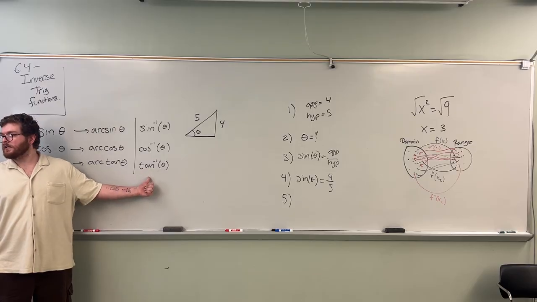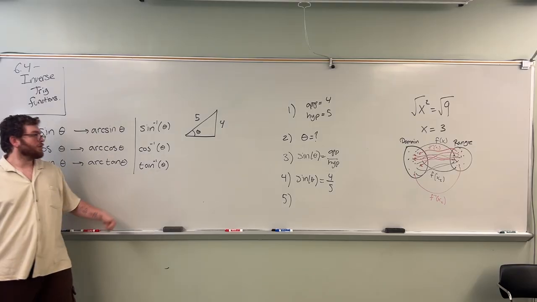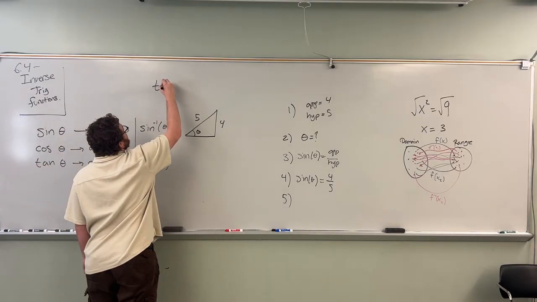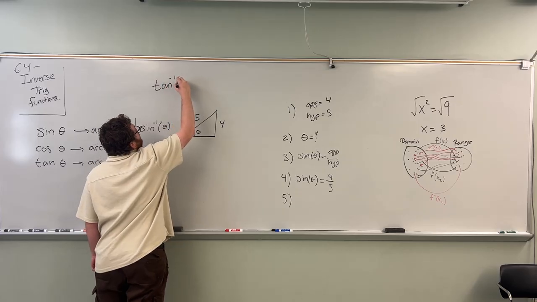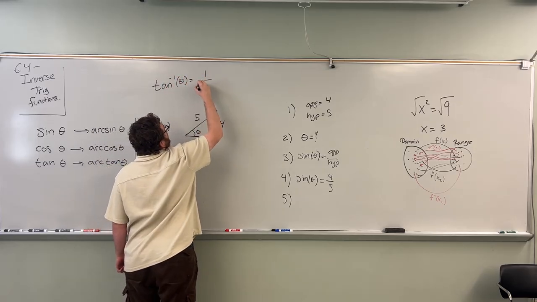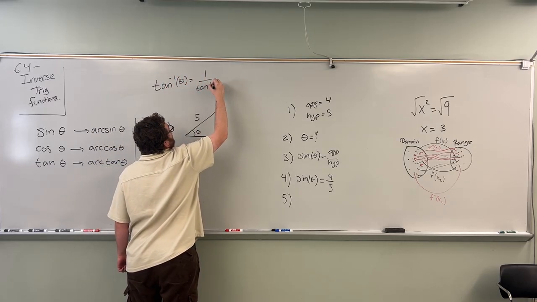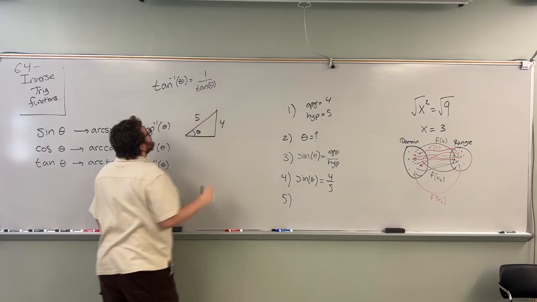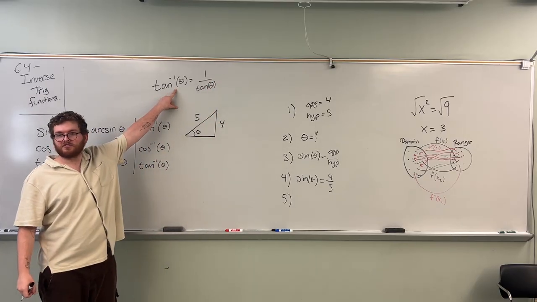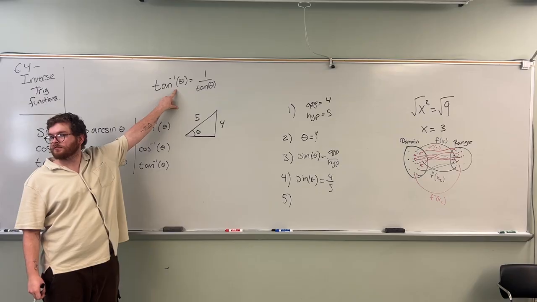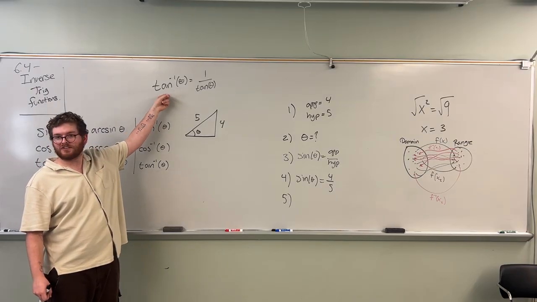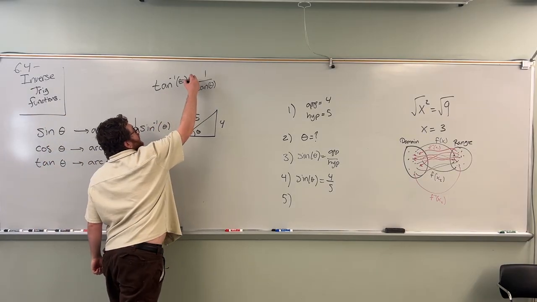This does not mean take the reciprocal, right? It is not true that tan negative 1 of theta equals 1 over tan theta, right? This negative 1 only means reciprocal if we're dealing with numbers. When we're dealing with functions, it's the inverse. So that is not true.